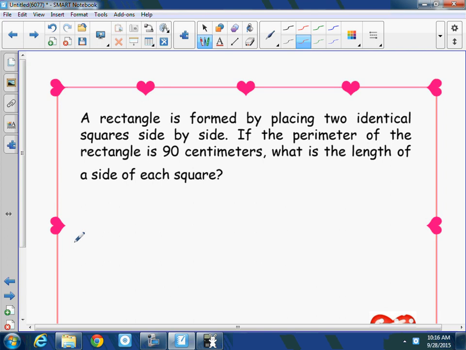A rectangle is formed by placing 2 identical squares side by side. So I have 2 squares that are placed side by side. Now what's special about a square is that all sides are equal.